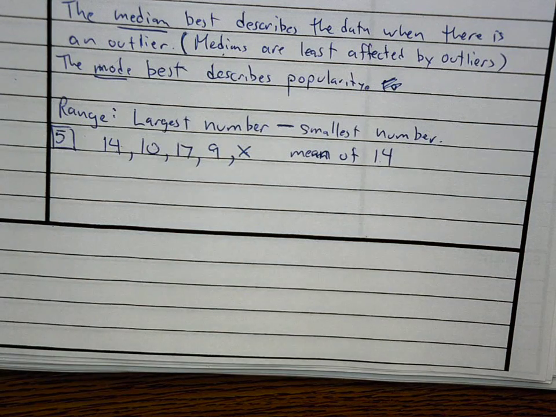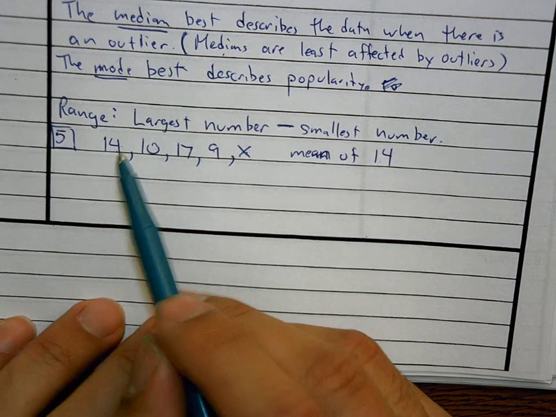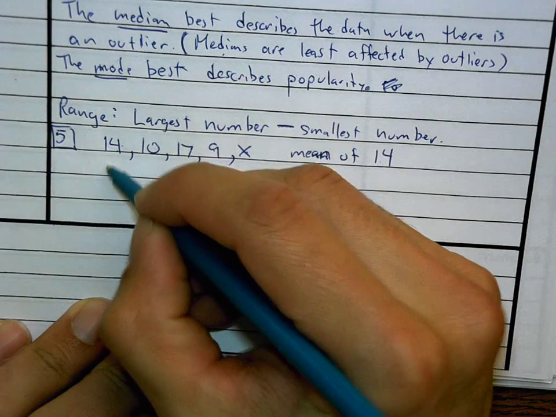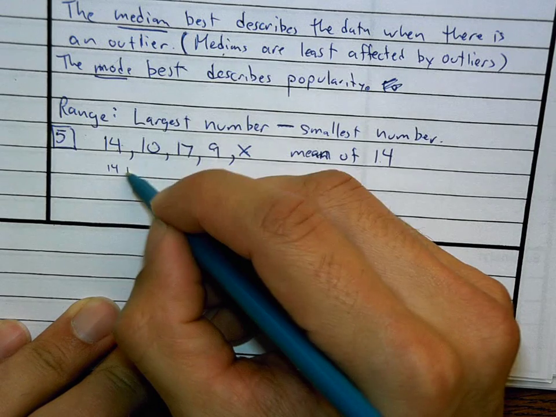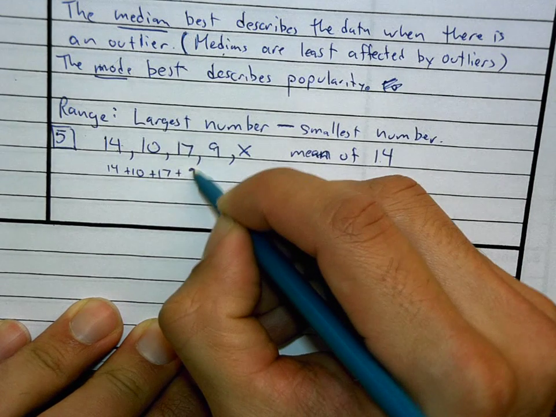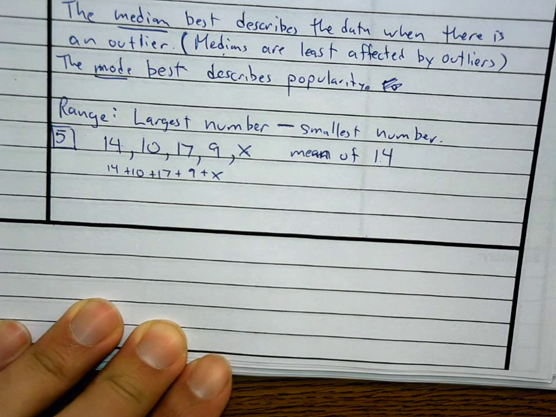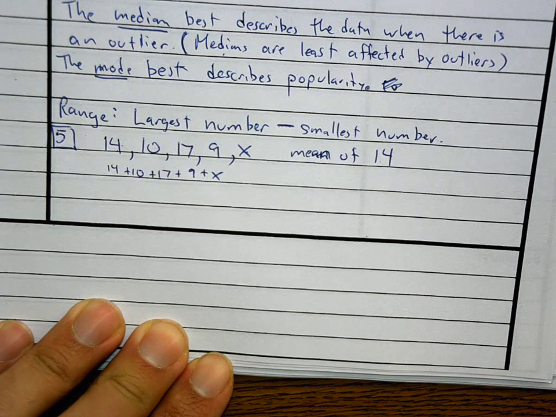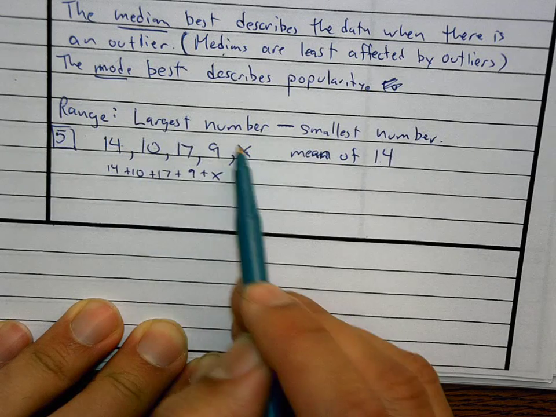So how are we going to do it? We're going to take these numbers, 14, we're going to add 10 to it, add 17 to it, add 9 to it, add x to it. And how many numbers do we have of these numbers right here, including that x?